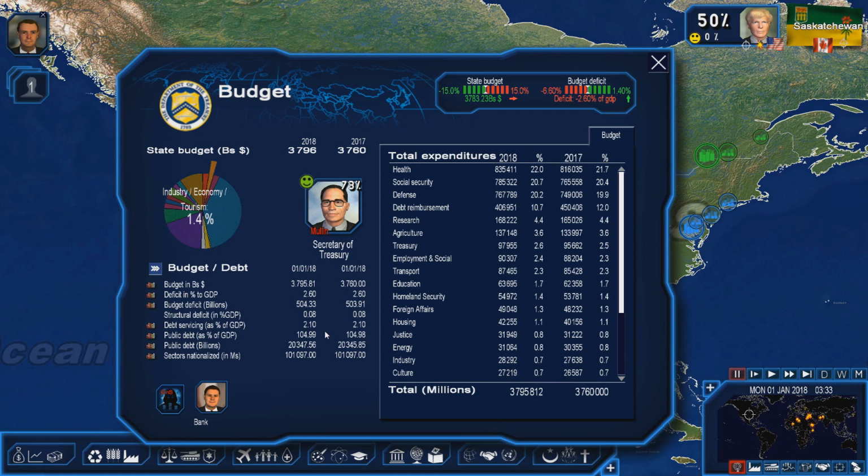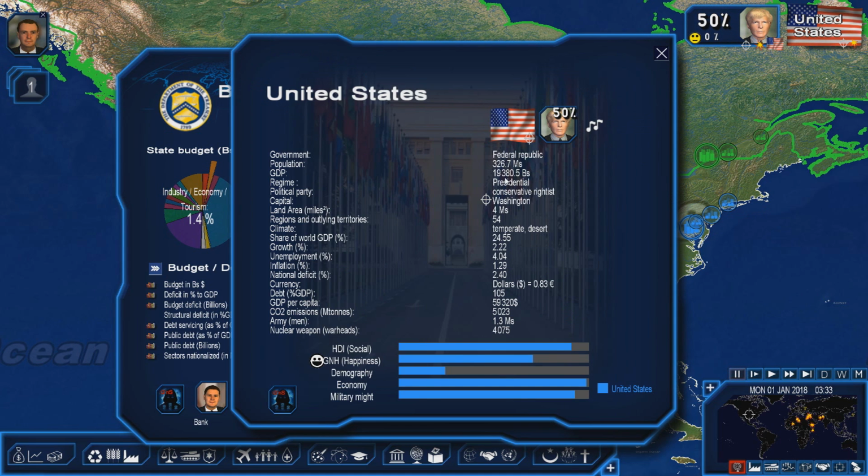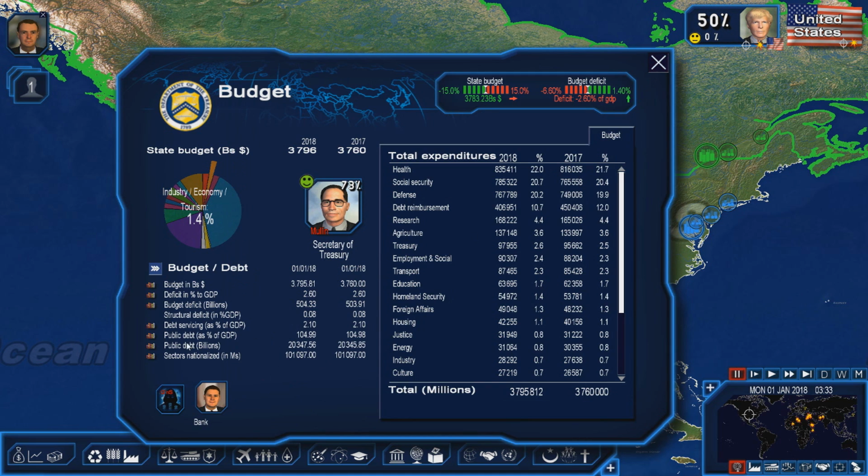Public debt as a percentage of GDP is the public debt in comparison to your GDP. The public debt of the United States is 104% of GDP. My GDP is 19.3 trillion and my public debt is 20.3 trillion, so it's more than my entire GDP. That is my public debt.